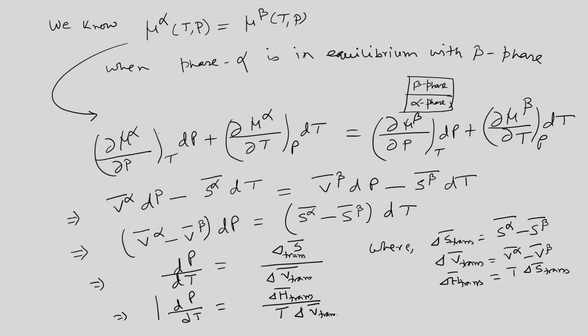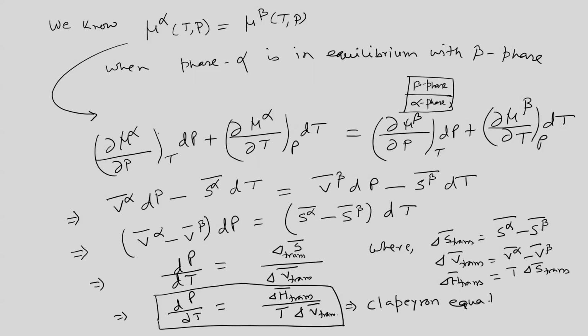Okay, and this equation is known as the Clapeyron equation. So, dP by dT equals delta H transition by T times delta V transition is known as the Clapeyron equation. Okay.